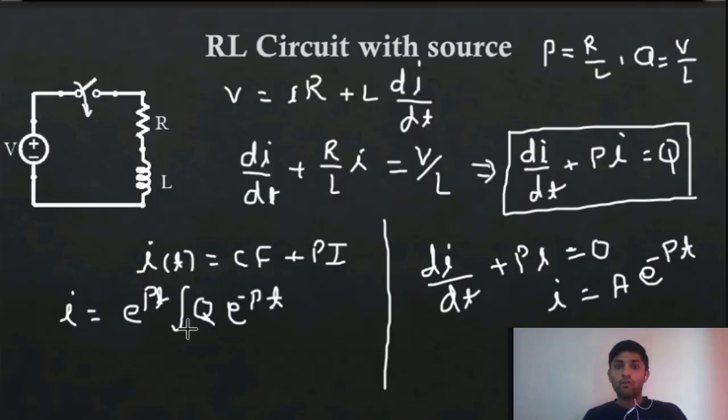If you solve this directly, Q is a constant, so Q will come out.